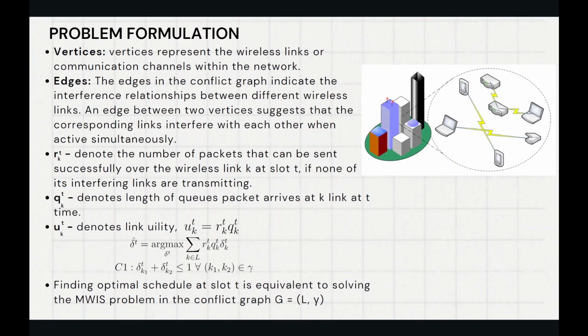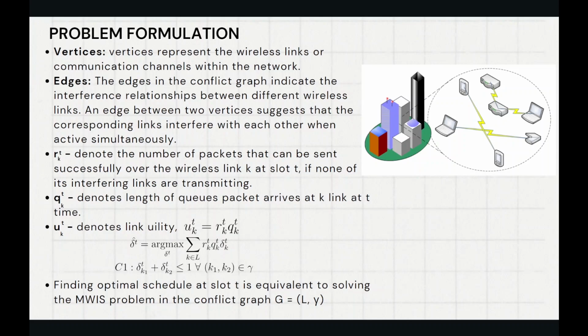We will now convert this problem into a conflict graph. Each vertex of the graph will represent a link between two devices, and each edge represents an interference between two links. We define a variable R_k^t defining the number of packets that can be transmitted. We also involve the channel fading effect, in which there is a probability of some packets being lost.